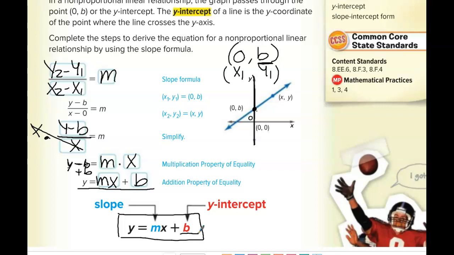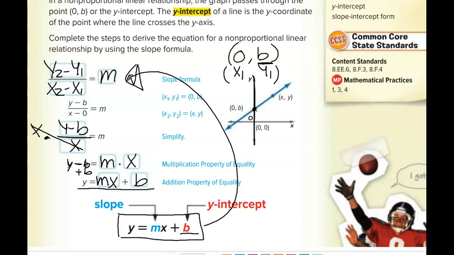Okay, so the whole point of this was to prove to you that yesterday I proved to you that slope formula, correct? Today, the reason why we did this was because I wanted to show you how you get this equation from our slope formula. It's not like I made this equation up, okay?